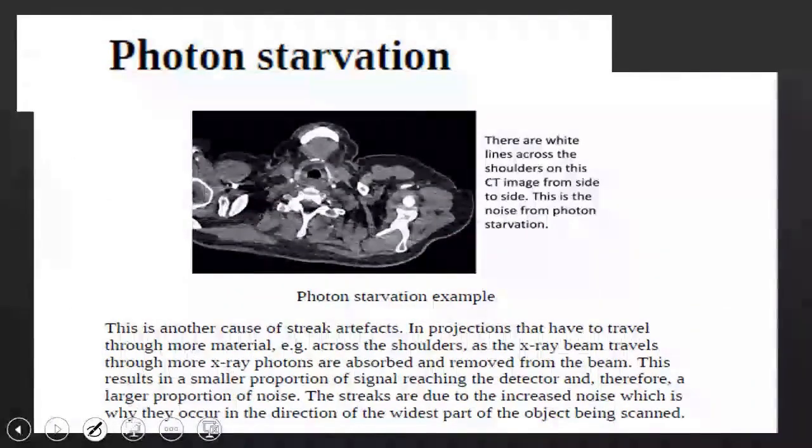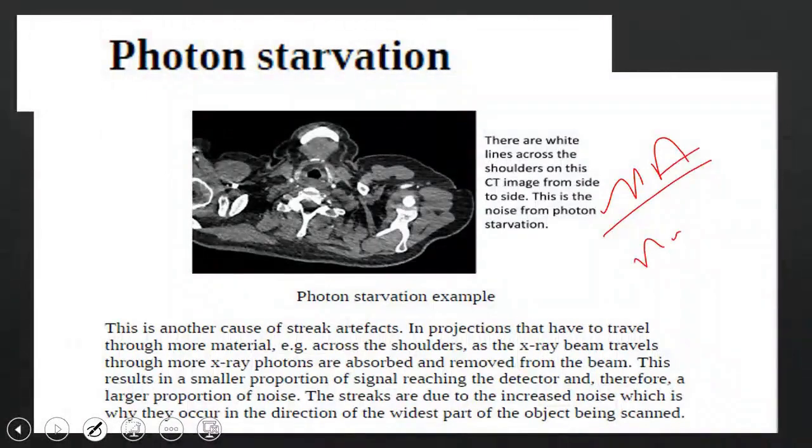Okay, the photon starvation artifact. This depends on the fact that you, for example, are currently capturing an image of the chest and abdomen. During the imaging process, you set the milliampere value.